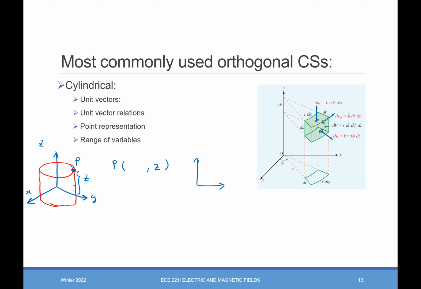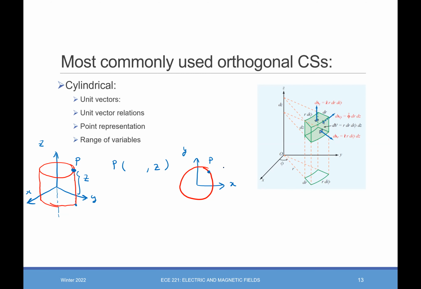Now, something else that we have is, let's project this point on the XY plane. So this is X, this is Y. Let's imagine point P projected on this circle is going to be on this point.